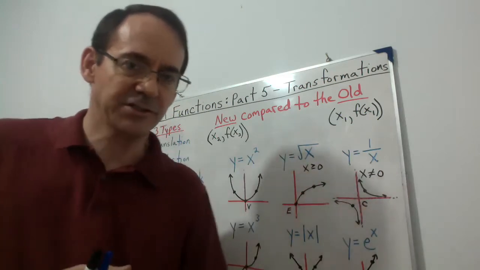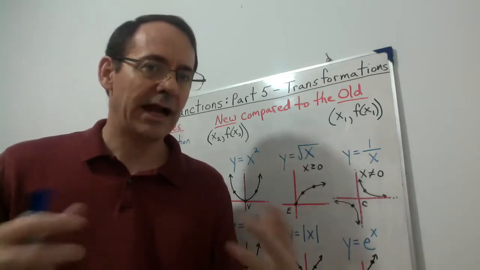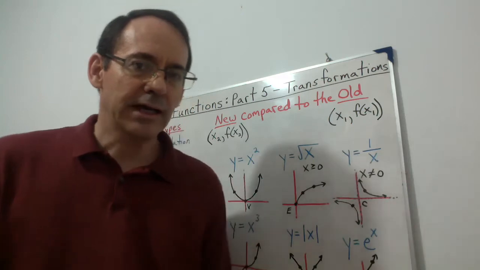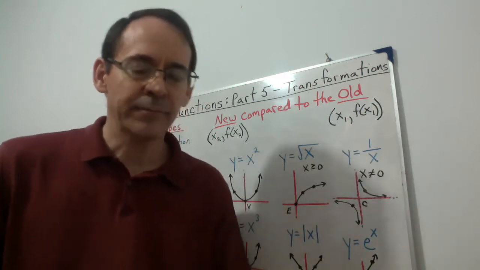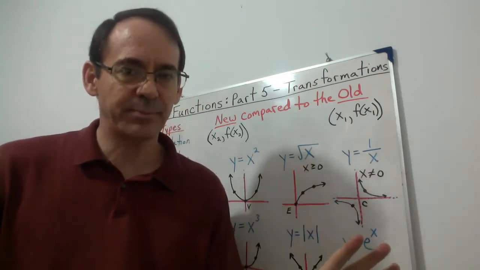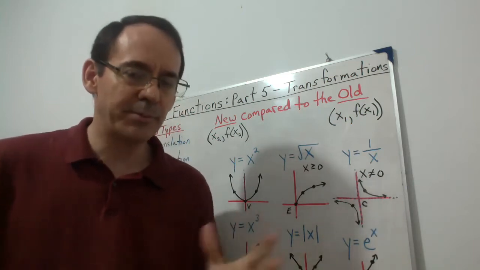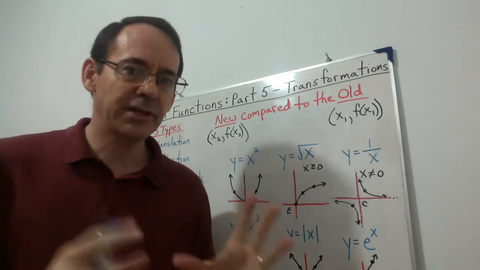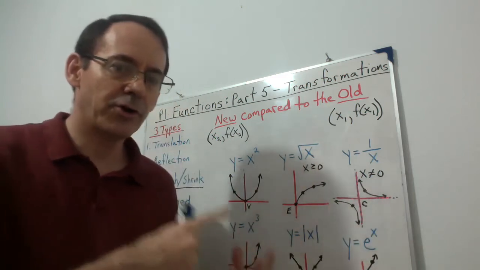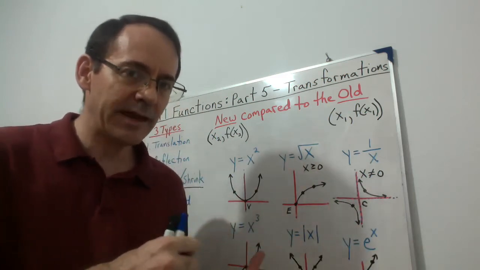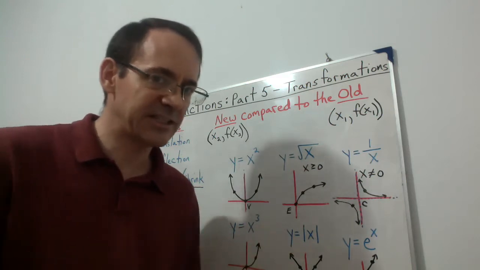Obviously, it's in the functions unit. So we'll have to see moving forward how they do that. So I can't really use any past paper examples because right now there aren't any.